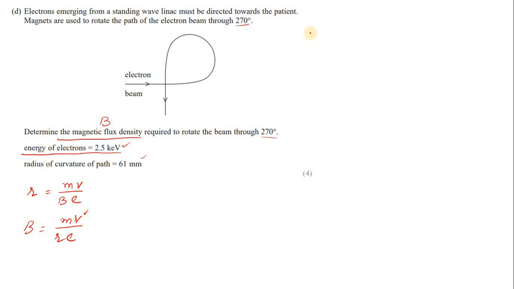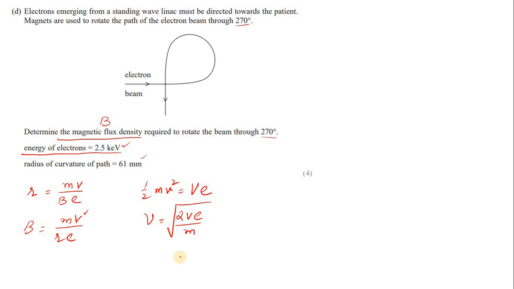So we can say that half mv square is equal to Ve. So velocity would be equal to the square root of 2Ve divided by m. This is the velocity.